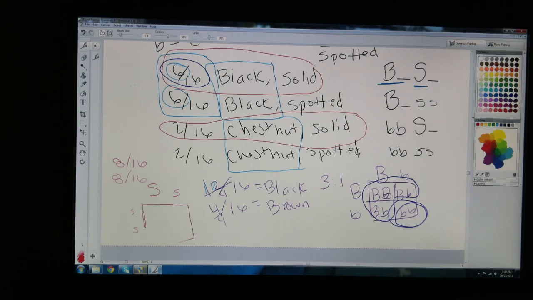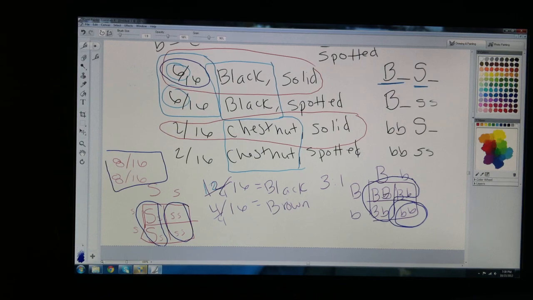So when you do your Punnett square, you end up seeing a big S, little s, big S, little s, little s, little s, little s, little s. In our results, we see that these two are solid and these two are spotted. It gives us our observed 50-50 ratio.